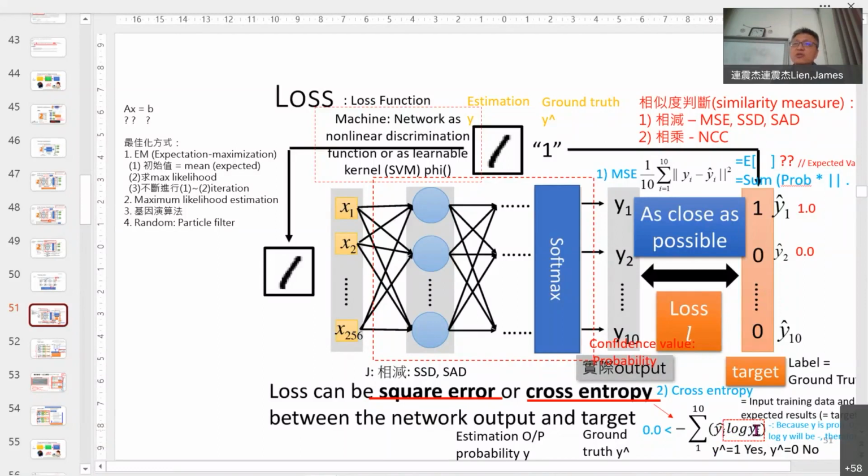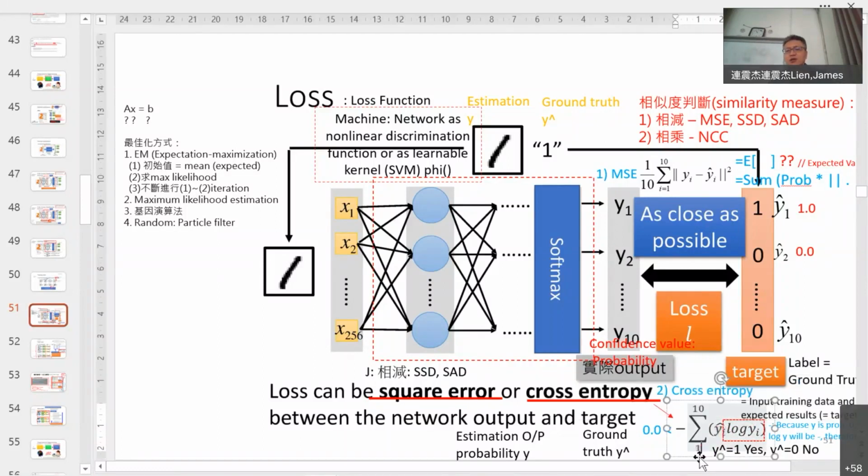this is the estimation result. This means if this is 1, because your output is 0, 1, 2, 3, 4, 5 until 9, you have 10 digits here, 10 outputs.